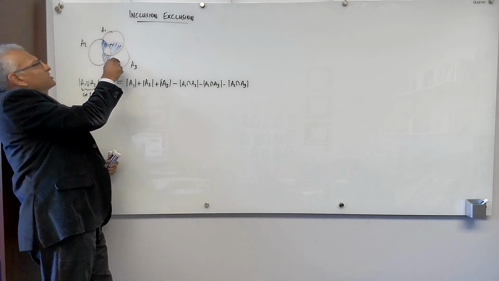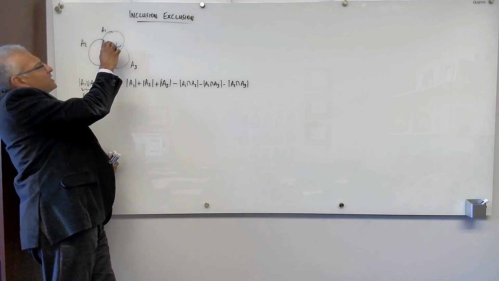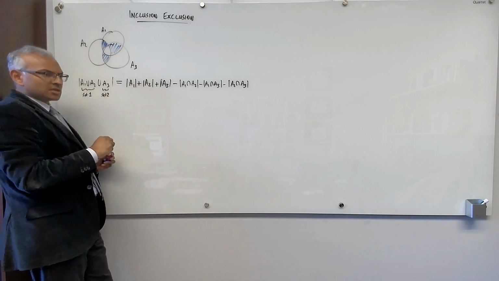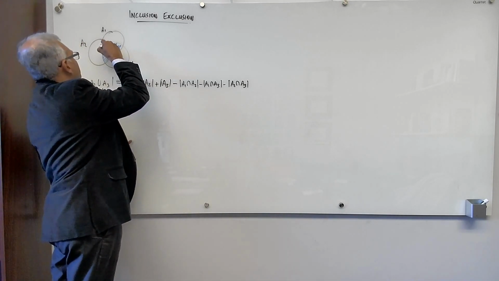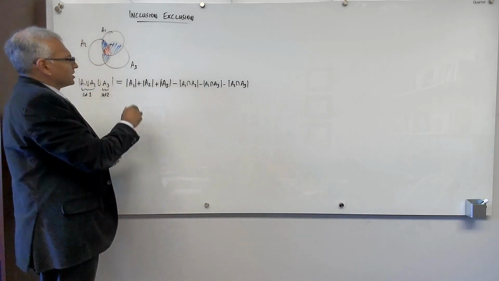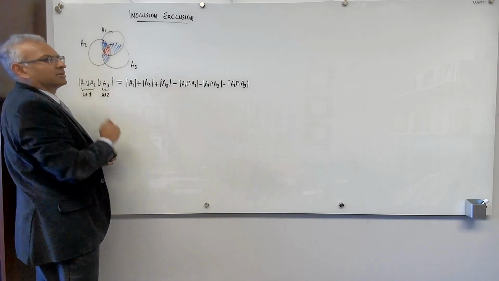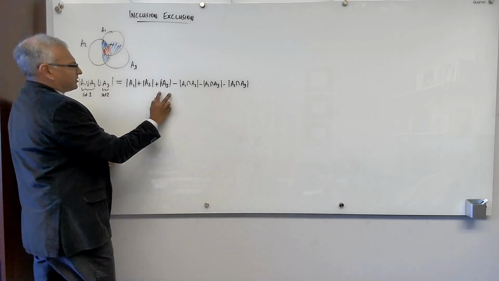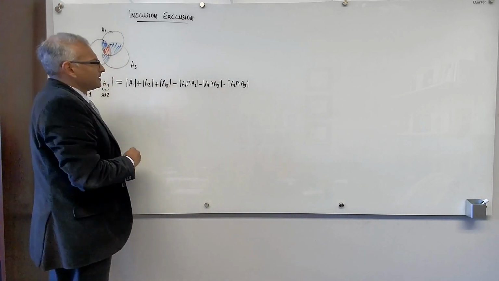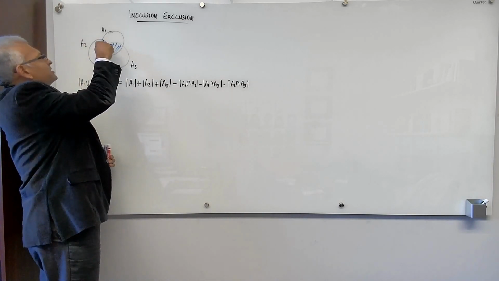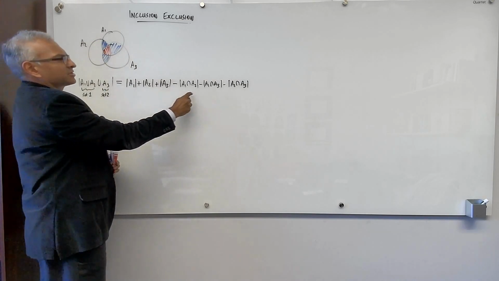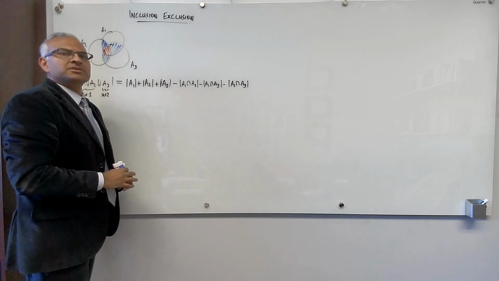The outer regions have been added once from these terms. Now let's see what's going on with the red region. When I added A1, A2, and A3, I added the red region once each time, so I've added the red region 3 times. And then when I subtracted these 3 intersections, I subtracted the red region 3 times.